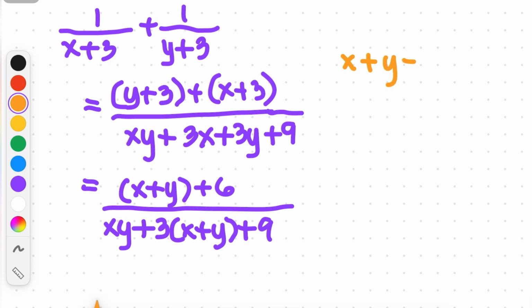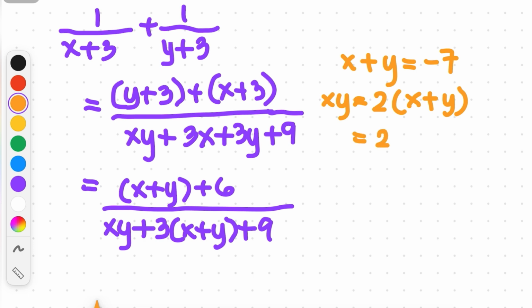We had x plus y is equal to negative 7. And we also have xy equals 2 times x plus y, which means xy is equal to 2 times negative 7. So xy equals negative 14.